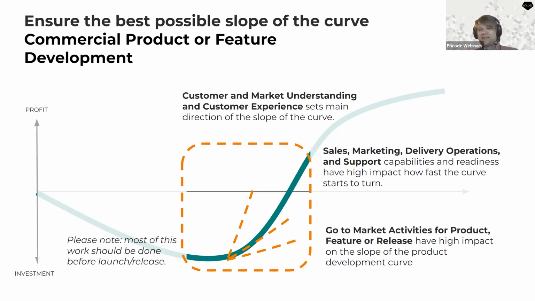So maybe the one obvious thing here, which some of you have realized already, is that if you start to do these at this point, when you've already released, you will be late. Then this curve just sits here, waiting, and starts to go up too late.